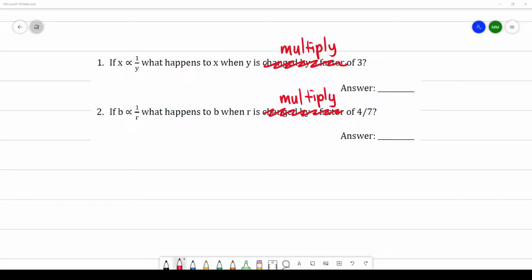Oh, and Tim, if you call on to anything, maybe you can try out as well about inverse proportions. Okay, x is multiplied by 1/3.